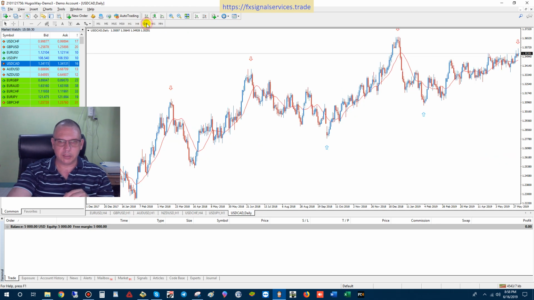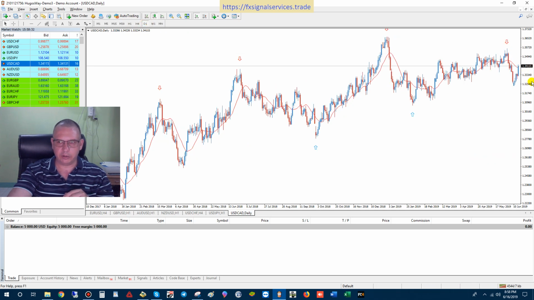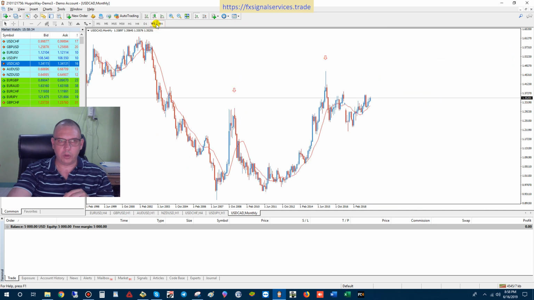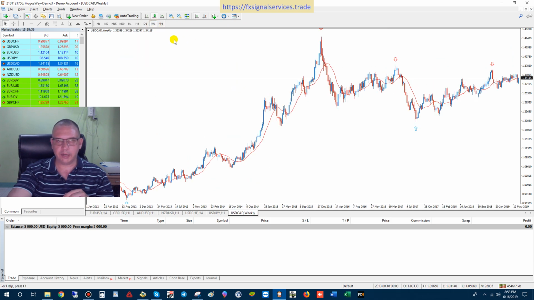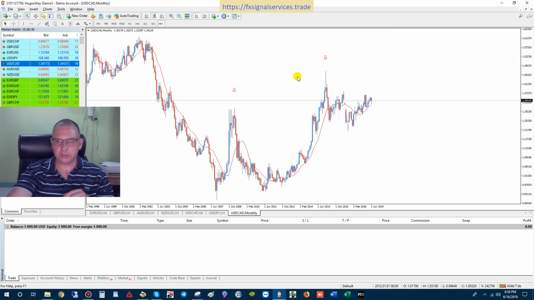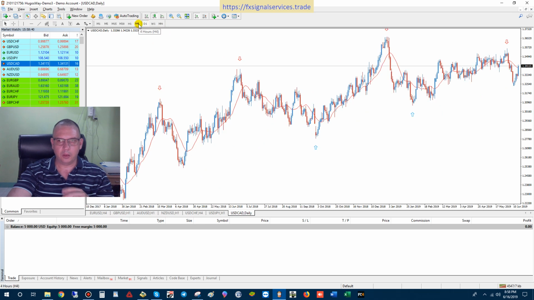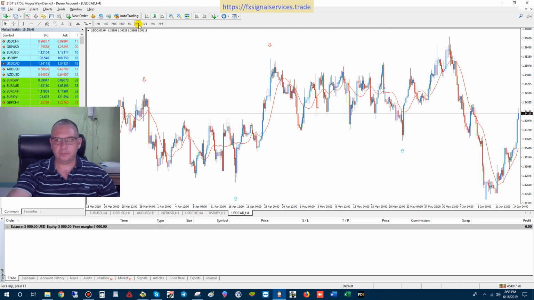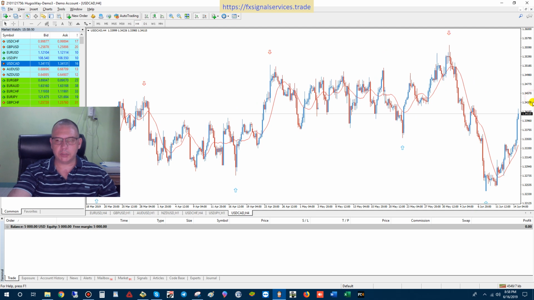Okay, the daily has a down arrow, and the weekly has a down arrow. All right, and so does the monthly. So overall, the trend is showing bearish according to the larger time frames. Right now, the problem is H4 has not formed a down arrow yet.